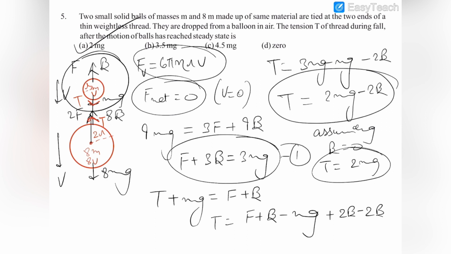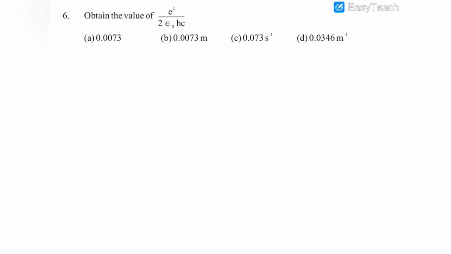Now we move on to the next question. In this question, we have to find out the value of this one. So this is a logical question, and we can solve it only by using dimensional analysis. We don't have to find any value. We know that electrostatic energy is kq square by r.